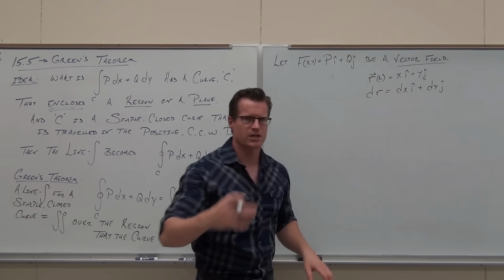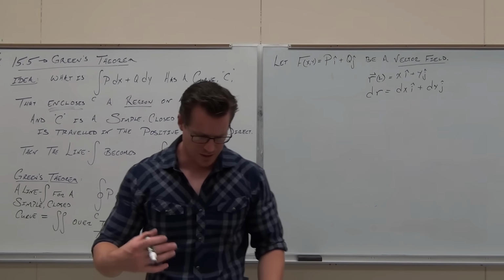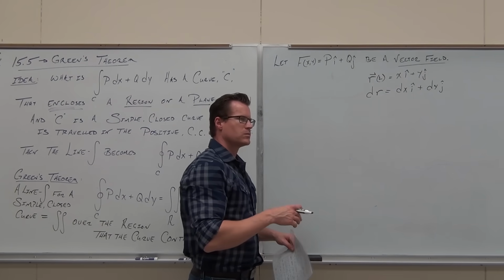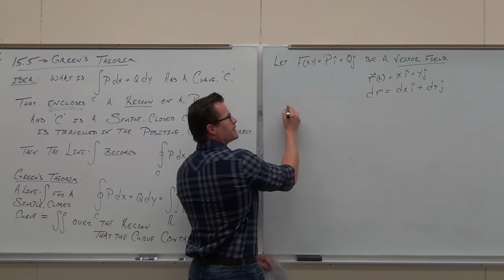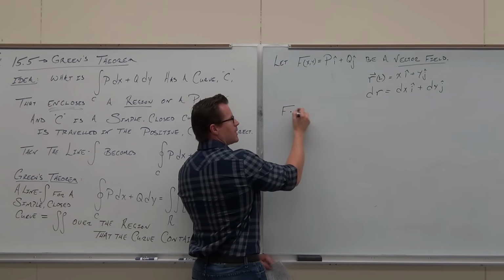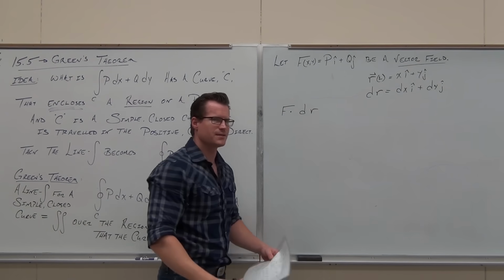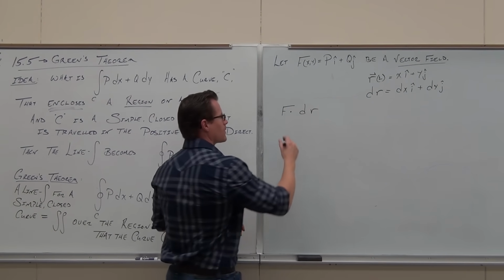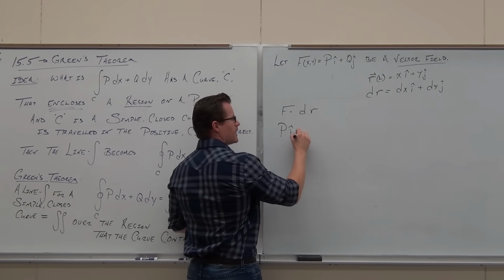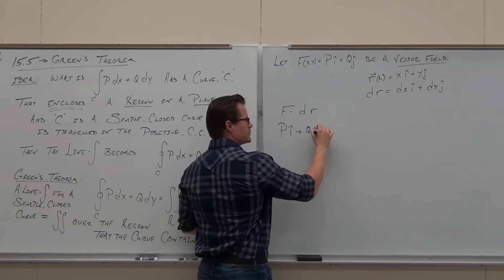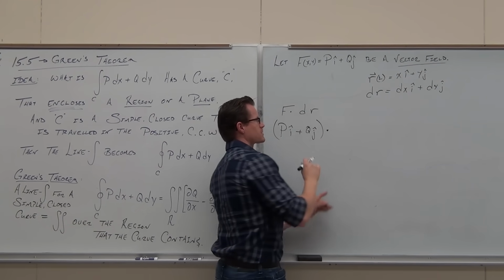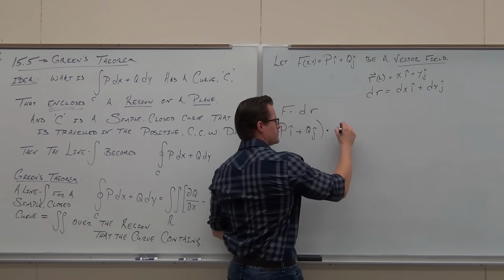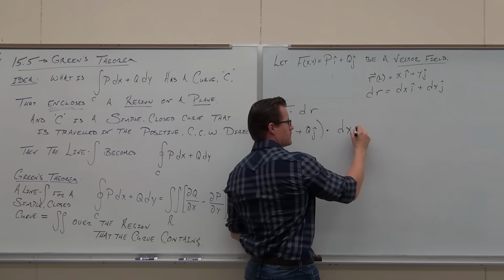I'm just using a different notation for the partial derivatives, but that's where we got that from. And so, well, wait a second. What would happen if I took F dot dr? If I take F dot dr, then that's Pi plus Qj. That's our vector field, dotted with this thing that I just got, the dr.